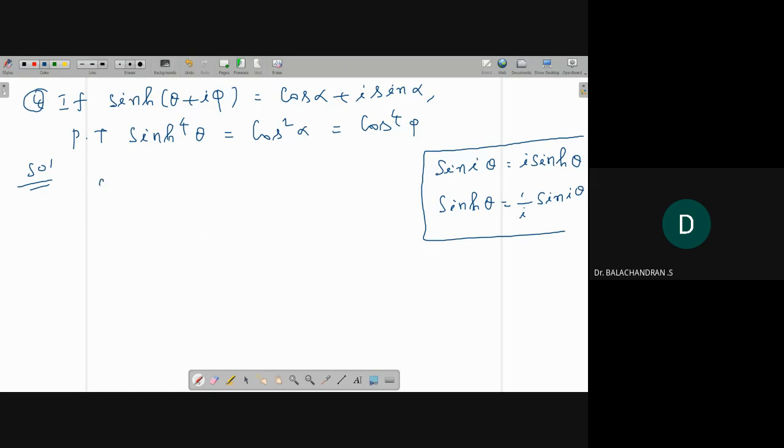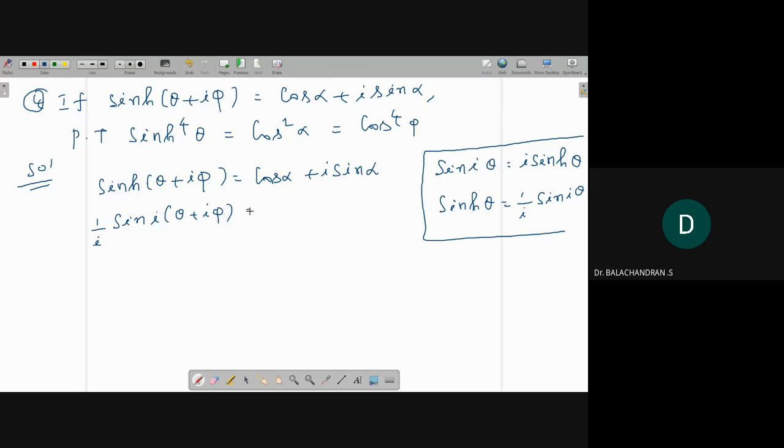What is given? sinh of theta plus i phi equal to cos alpha plus i sin alpha. So now sinh theta equal to 1 by i into sin i theta. Instead of theta, you have theta plus i phi.